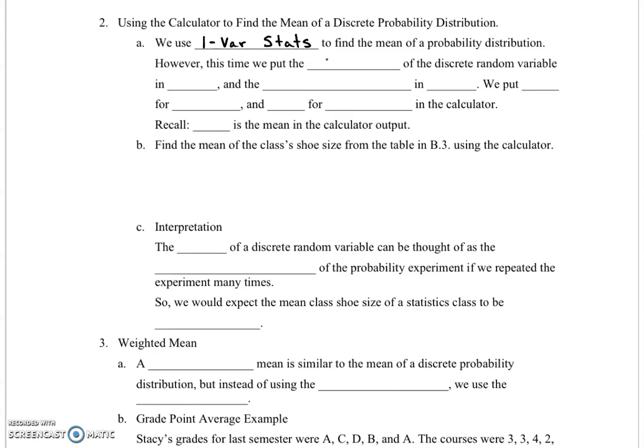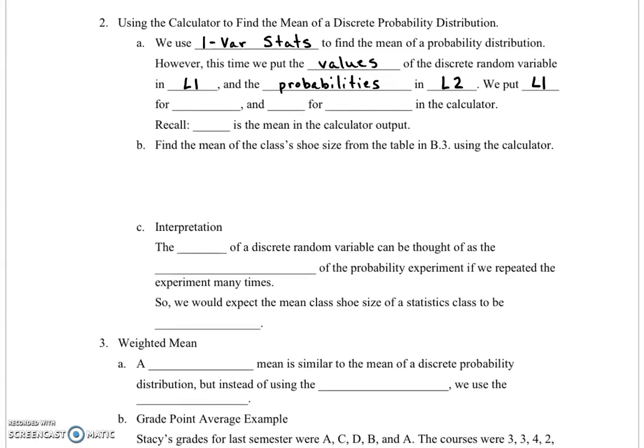But this time we put the values of the discrete random variable in list 1, and we put the probabilities in list 2.